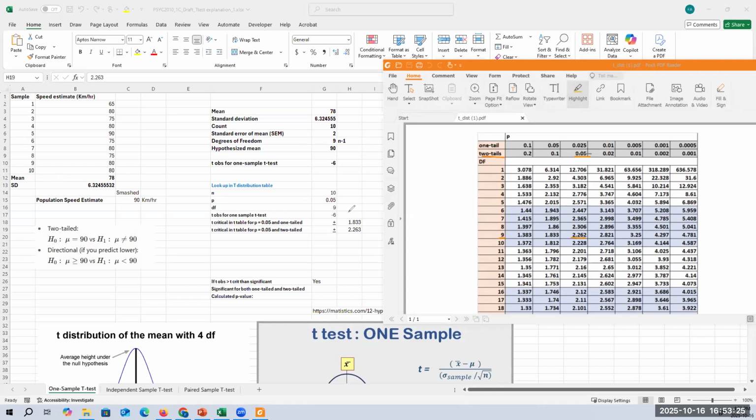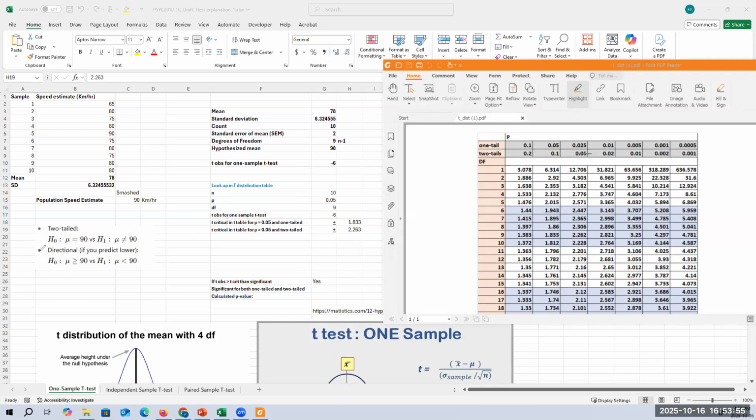So it's not 2.263. So that should be 2.262. And so that means that our -6 is actually, so you can see it's plus or minus here. So it's further away from this, so it must be significant. If t observed is greater than t critical, then significant. It's much less also than t critical here. It's a negative value, then it's significant, right?